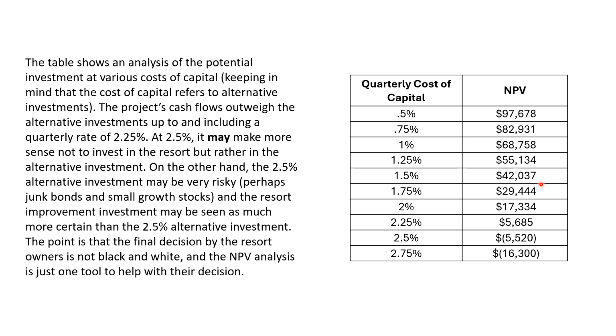But maybe they see the risk of their resort upgrade as being similar to a 2.75% external investment. And so now that they have a negative NPV for their resort upgrade, they might want to go for the external investment in that case, and maybe earn some money for a few years, and then come back and see if the resort upgrade makes more sense at that point.